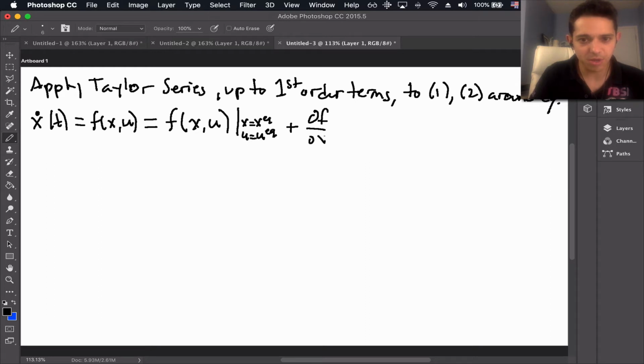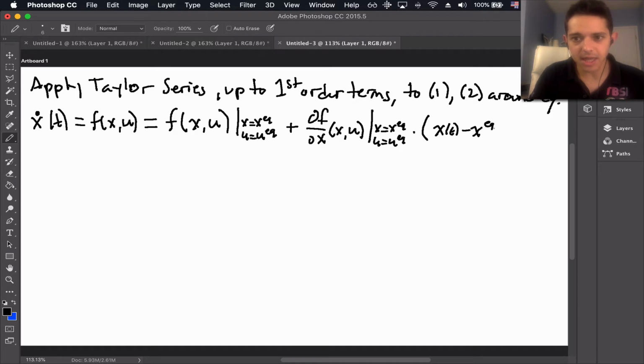Partial f partial x evaluated at x equals xeq, u equals ueq, and then this will be multiplied by x, remember this is a function of time, minus xeq. And then similarly for u, so this will be partial f partial u.